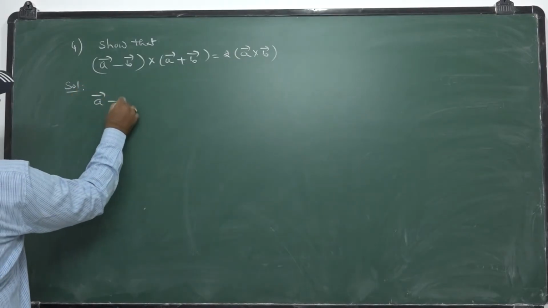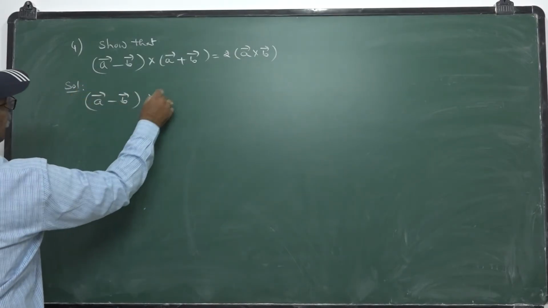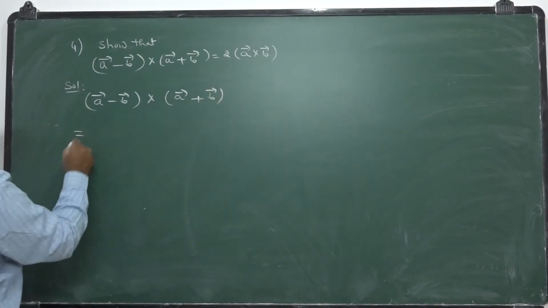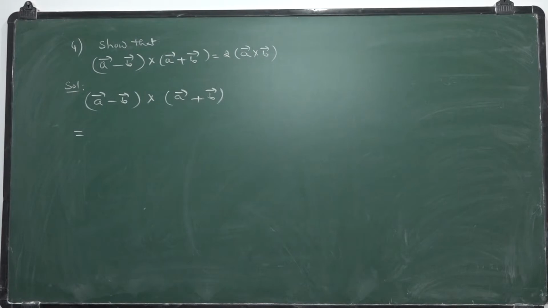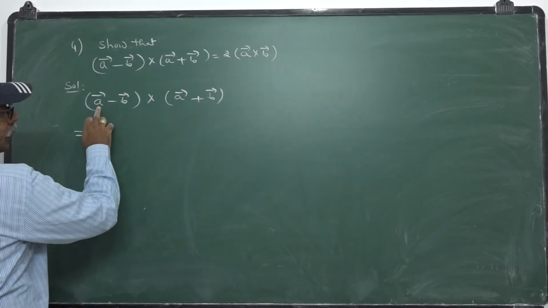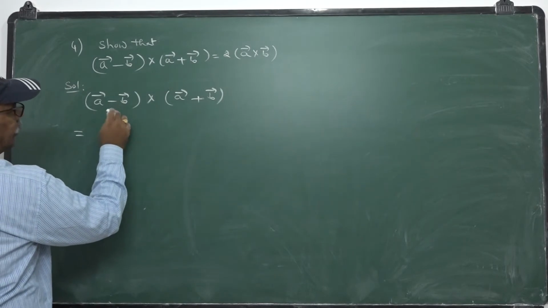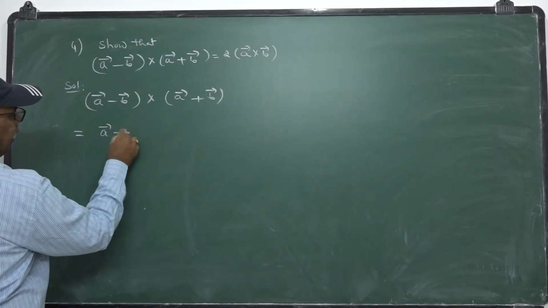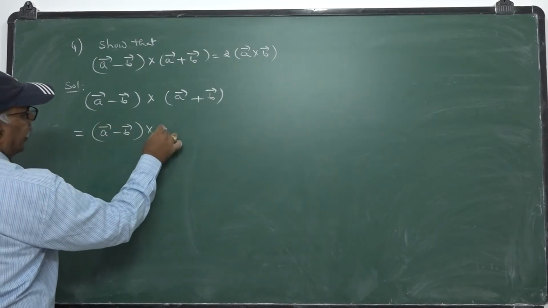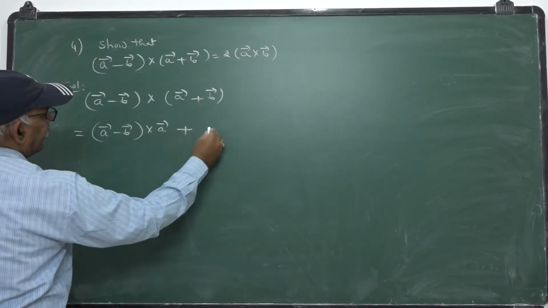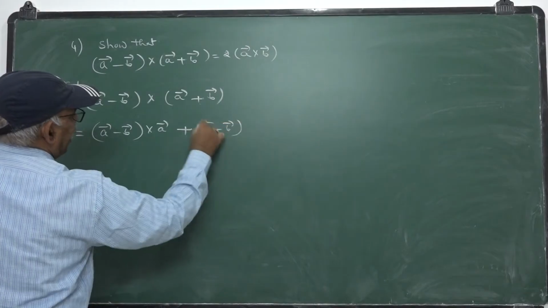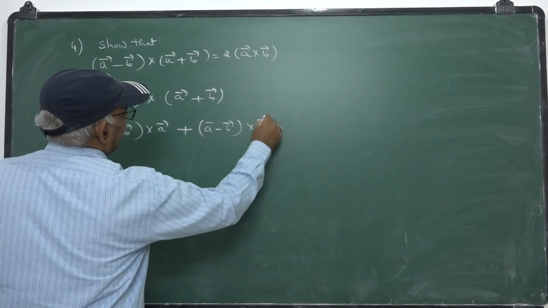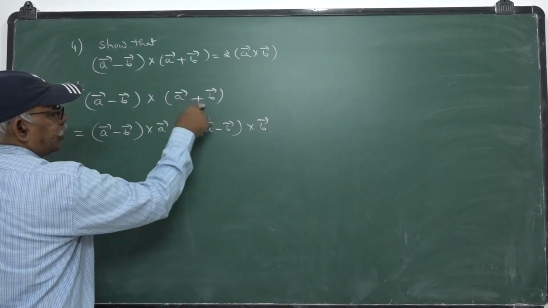This depends on the fact that cross product follows the distributive law. Based on that, we distribute: (A bar minus B bar) cross A bar plus (A bar minus B bar) cross B bar. I am assuming this one as a full vector. This cross product is distributed over these two vectors.